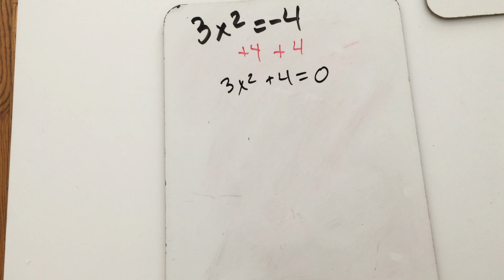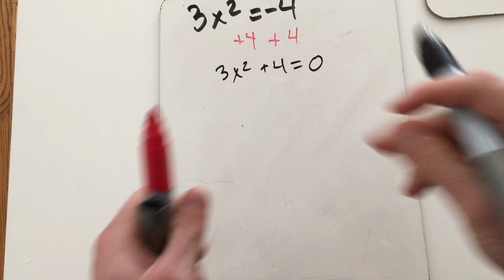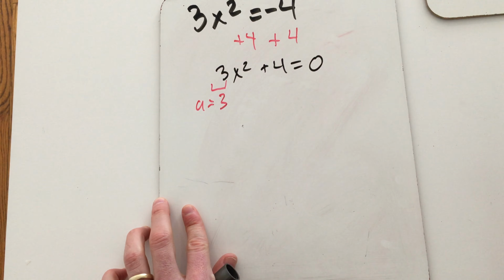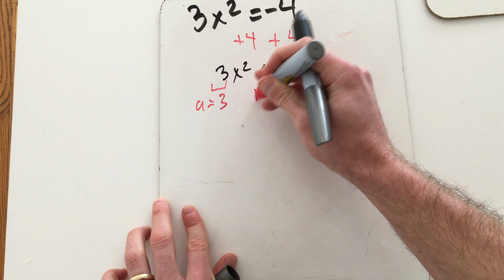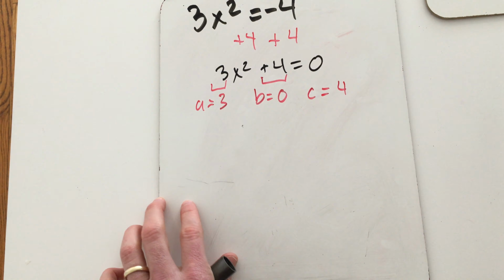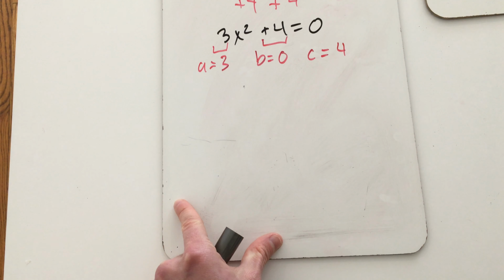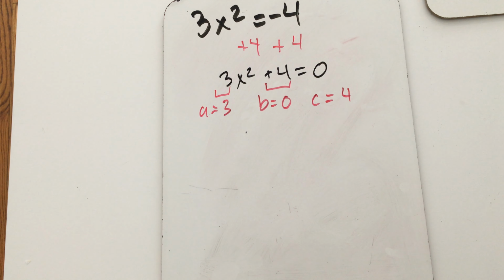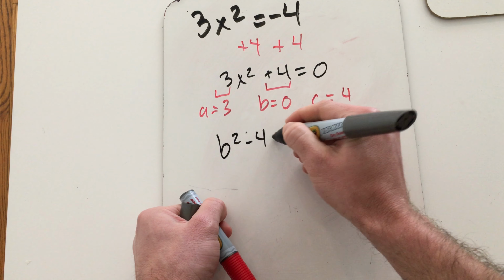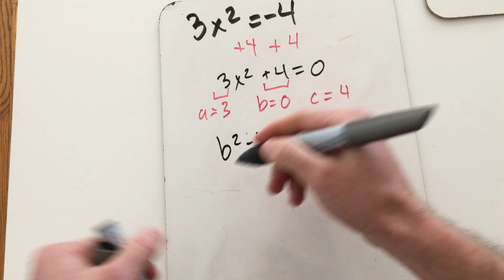Now we can identify a, b, and c. So our a value is positive 3. Our b value, there's no x, so it's 0. And our c value is positive 4. Now that we've identified those, let's go ahead and plug it into the discriminant. b squared minus 4ac. Well, b is 0, we said.